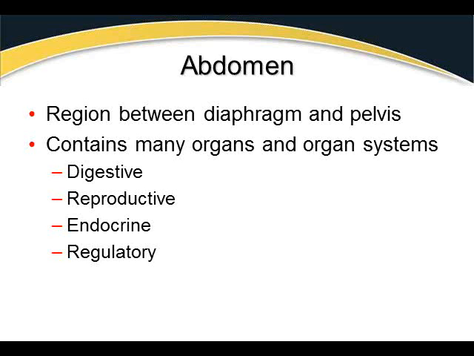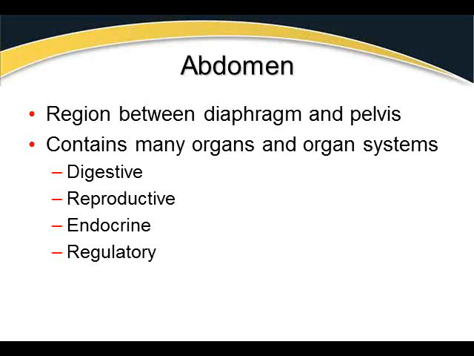Primarily in the abdomen, you have the digestive organs, a few endocrine organs, and then some regulatory organs and reproductive organs. Those usually get tucked into extra special spots, like the kidneys and the adrenal glands, which cover both endocrine and regulatory a bit. They are in what's referred to as the retroperitoneal space, so they don't sit in the abdomen proper.